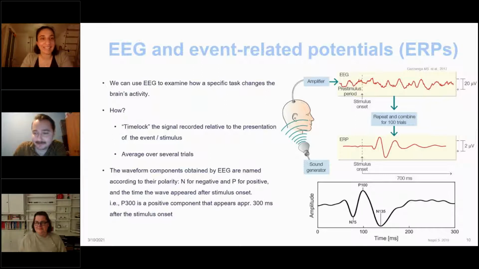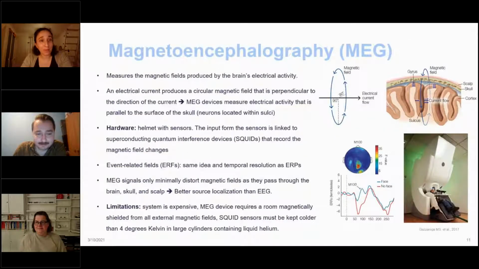Okay, great. So we pass to our second brain imaging technique for tonight, which is similar to EEG, but this time instead of measuring electric fields, we are measuring magnetic fields caused by that electric activity.